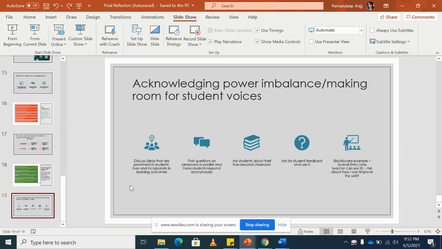And last but not least, I learned from the seminar that it is very important to make room for student voices. There should be a balance of teacher assessing students, and students should have their own voice as well when it comes to assessments.